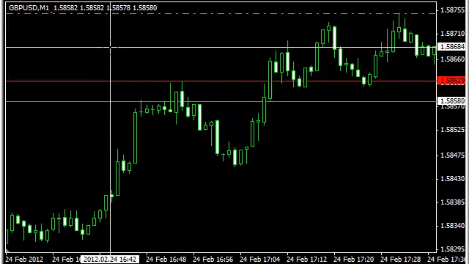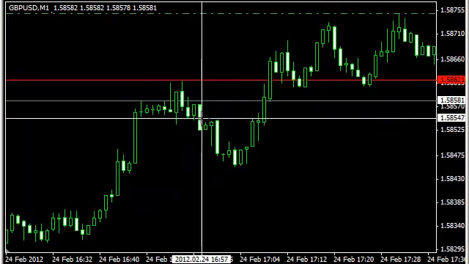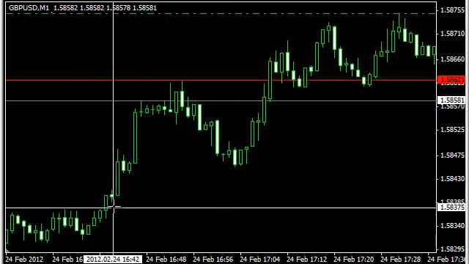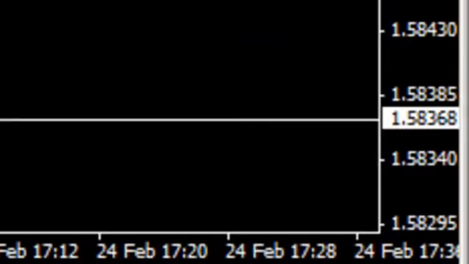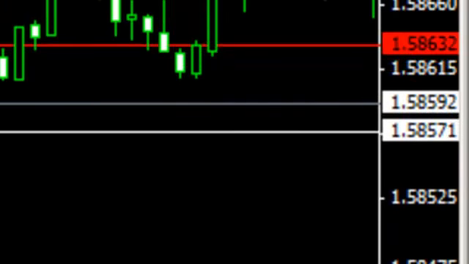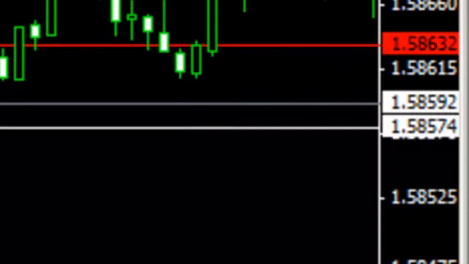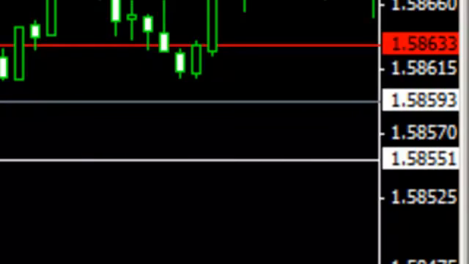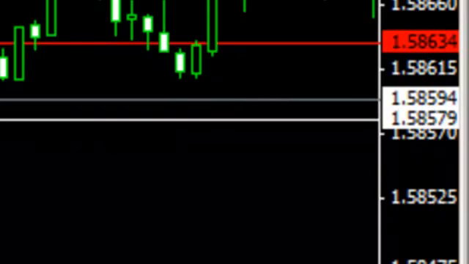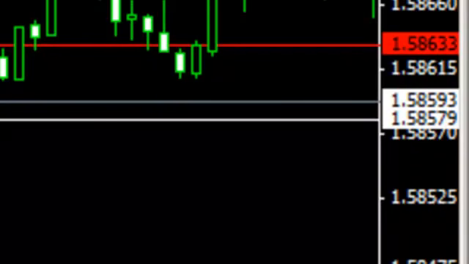And in this case, this would have been our trade of the day right here. We had this strong move from 58.36 all the way up to 58.57. So we're talking 21 pips, 20 to 25 pips in no time at all. So after that, you definitely don't want to get a call option right here.